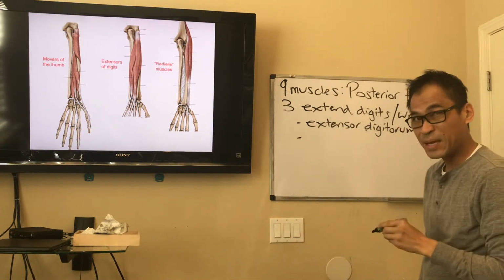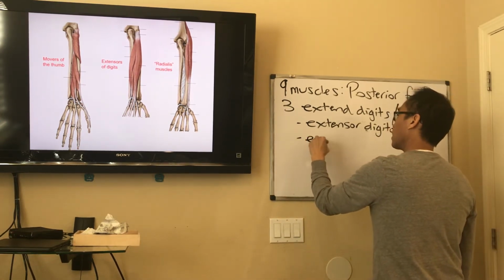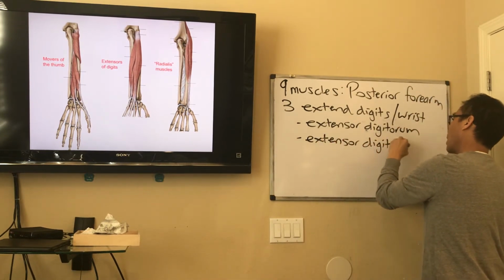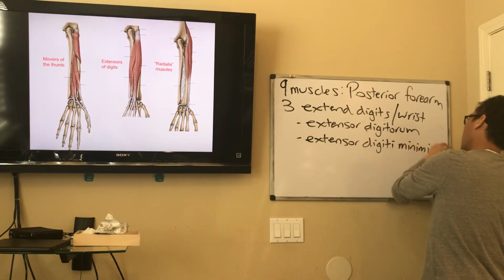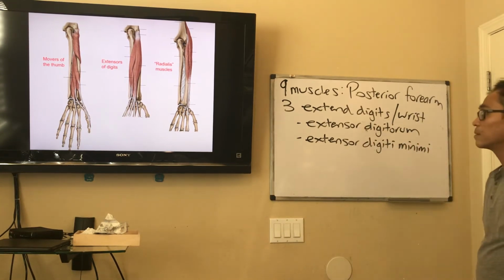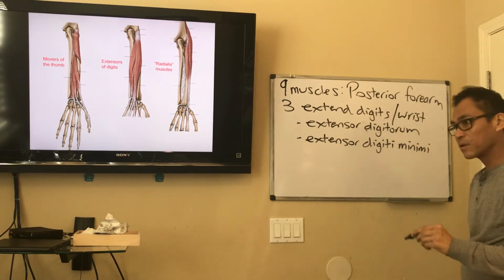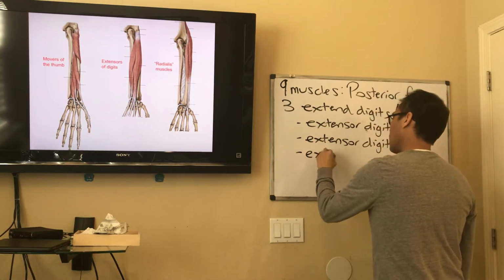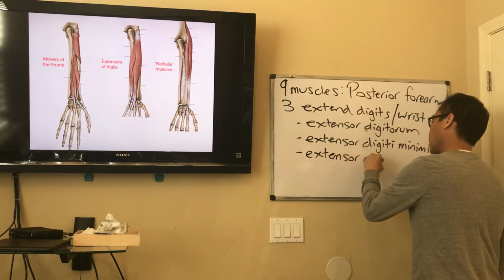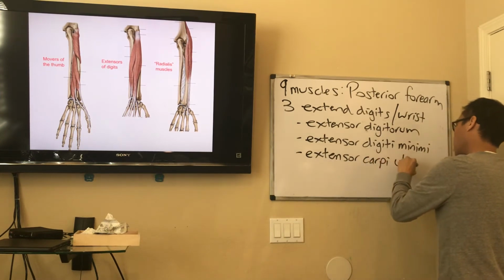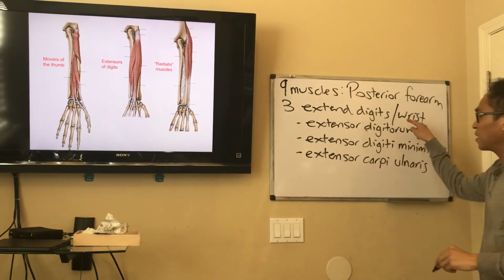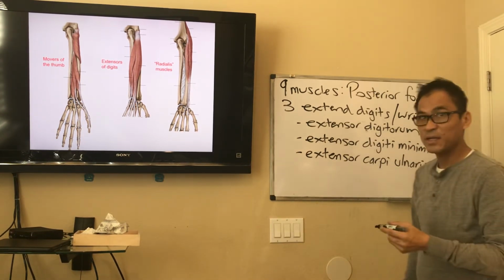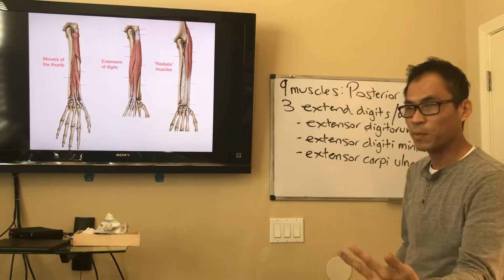Extensor digiti minimi. And extensor carpi ulnaris. That's why I added wrist, because this one extends the wrist. The others extend the digits, but think of those three as a group of three.